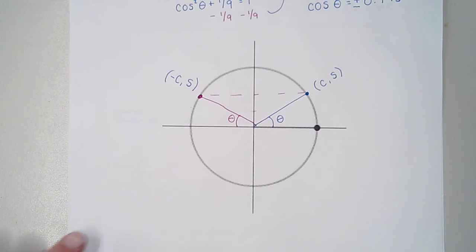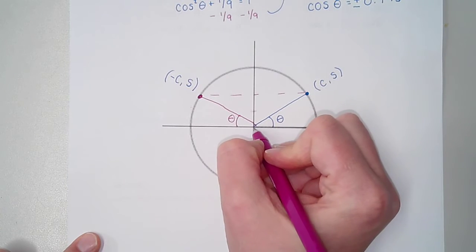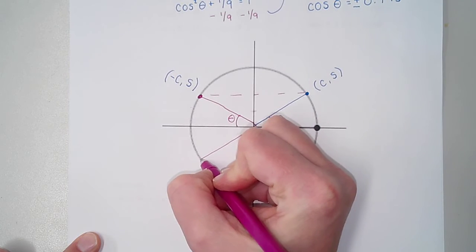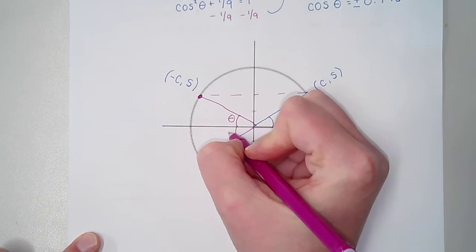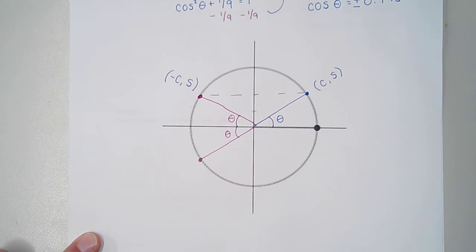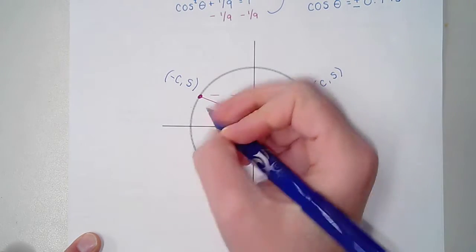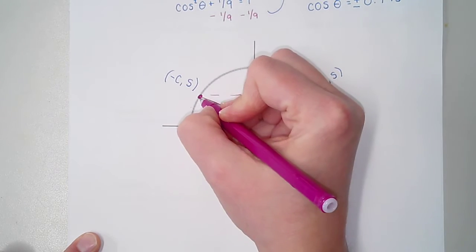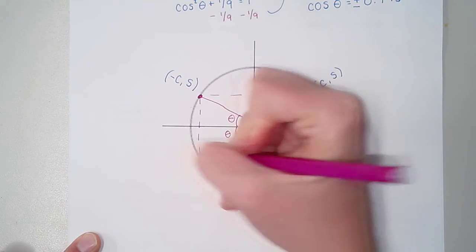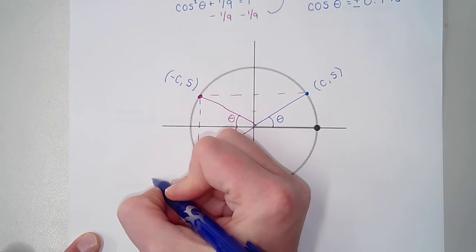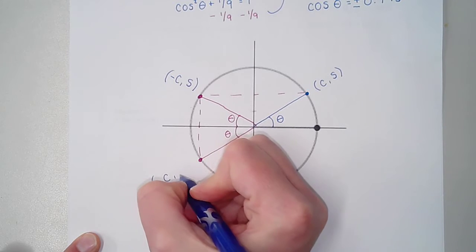I could also do that same angle theta down here, right? So I can make this be theta. And down here, it would be those same coordinates because, again, all four of these angles are going to go together, right? The coordinates are going to be the same, except now my sine has flipped to negative.